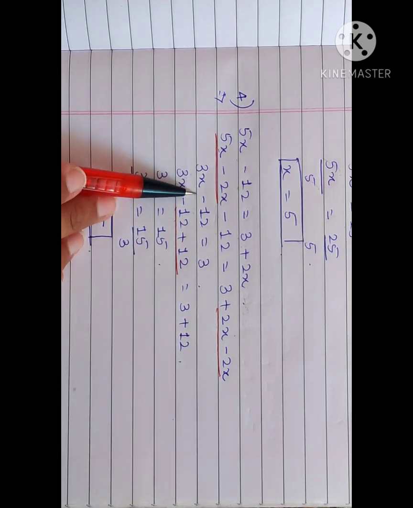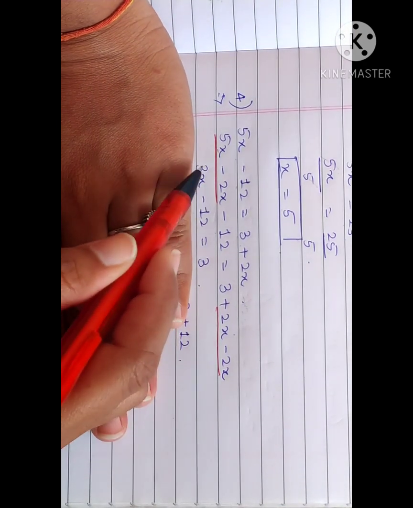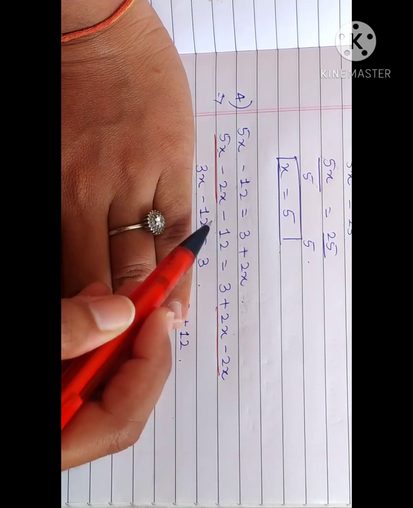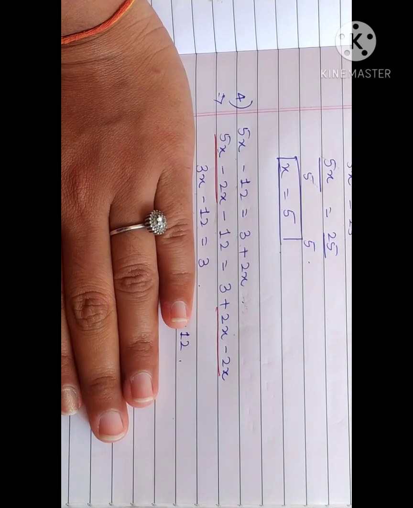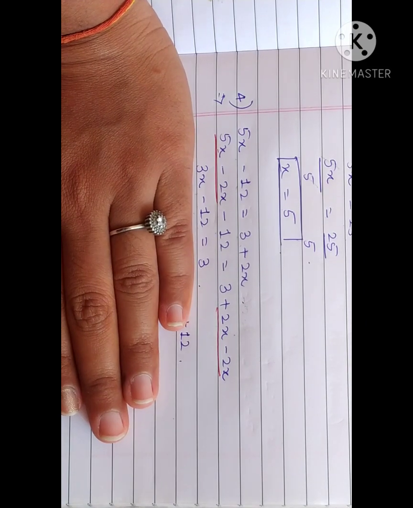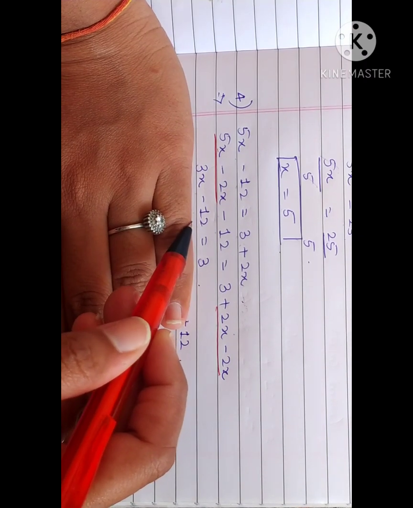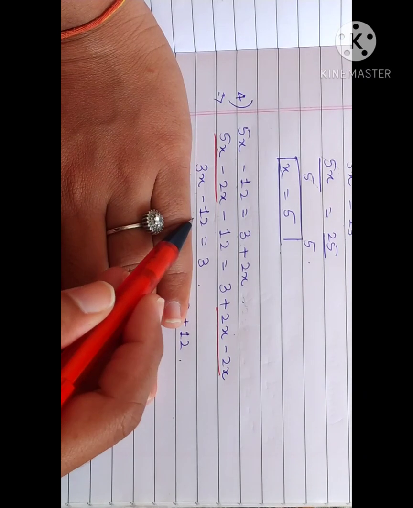Now here is our x term, and we are having this minus 12 also along with it and 3 also. So we have to eliminate minus 12 also and 3 also. First we will eliminate minus 12. Now as I told you, if the number is subtracted, then we add the same number. So here if it is minus 12, to make it 0, we will add 12 to it. So this becomes minus 12 plus 12.